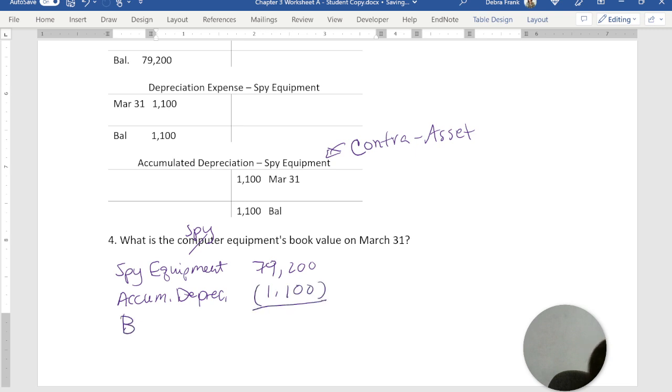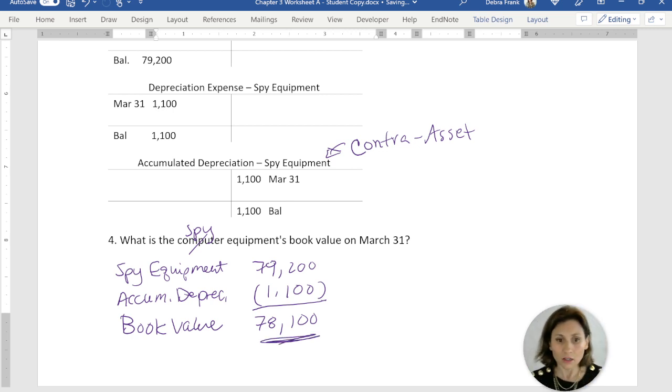My book value, what's left, will be that difference, which is 78,100. Cool, so that's your book value. Not too bad. So that is it. We just did office supplies and depreciation expense, the two common deferred ones that usually cause trouble for adjusting journal entries.